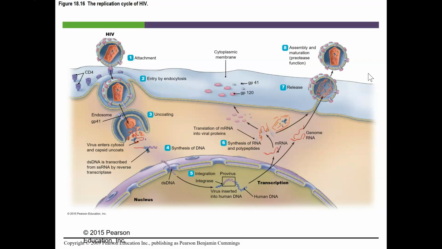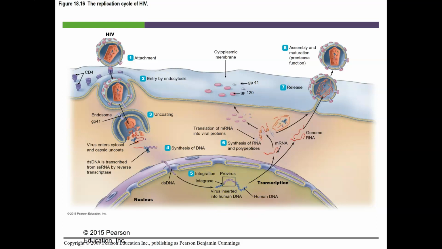HIV is an RNA virus from the family of retroviruses, meaning that the virus starts out with a genome of RNA, but when it gets inside the host cell, it converts it to DNA. As DNA, it then integrates into the chromosome of the host permanently. This is a retrovirus.